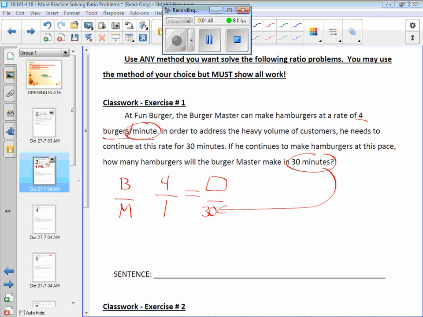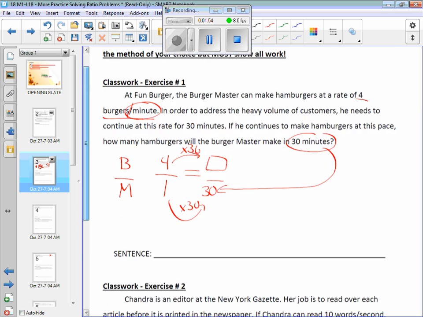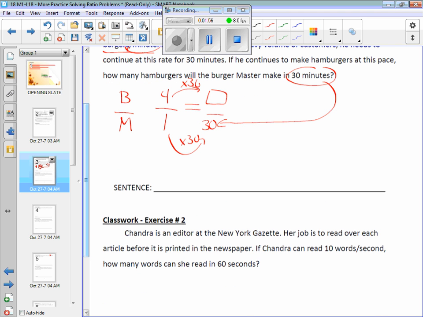So what do I have to do to get that missing number? Correct. And what is 4 times 30? And then you're just going to put it as a sentence.